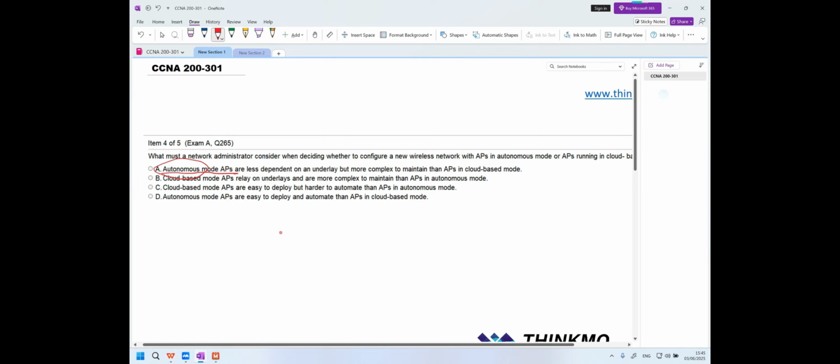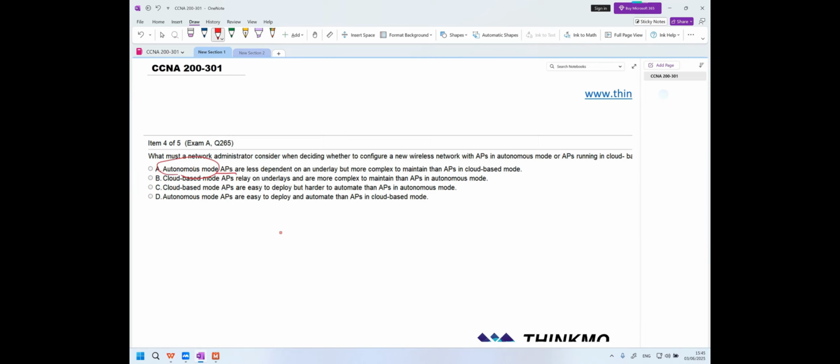The autonomous mode access point, also known as the autonomous mode AP, is a device that relies less on the underlying network infrastructure. It has relatively low requirements and dependence on the underlayer.